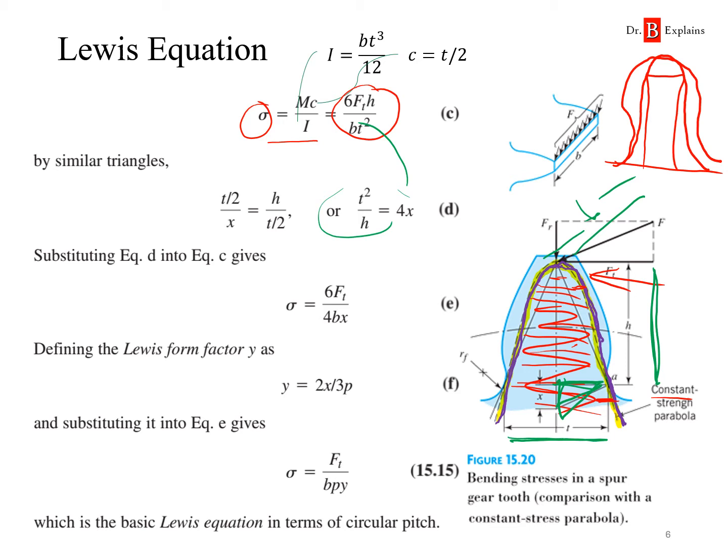Then we come up with this Lewis factor, little y, which is equal to 2x divided by 3. So substituting this in, we get this equation over here, that the stress is the tangential force divided by the width of the tooth times p times y.